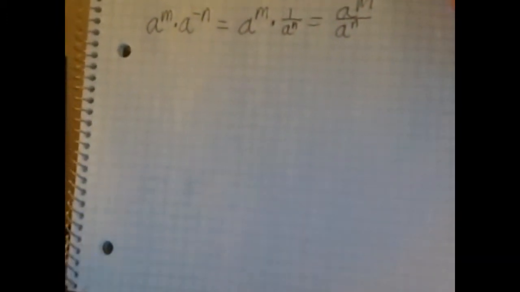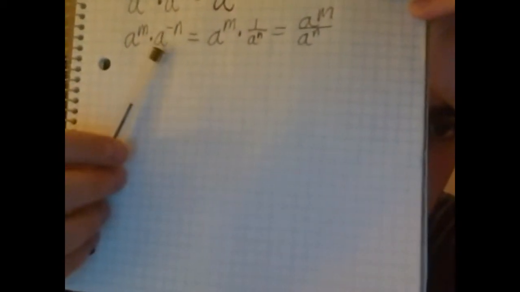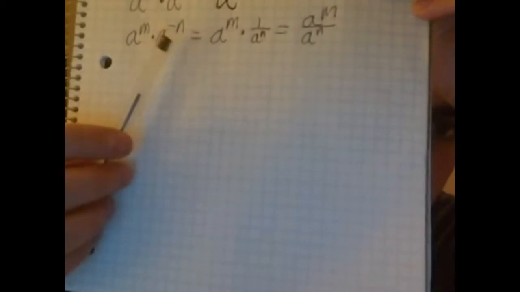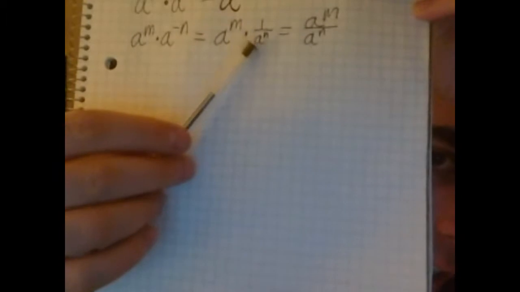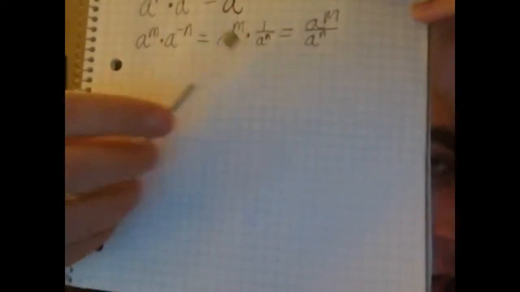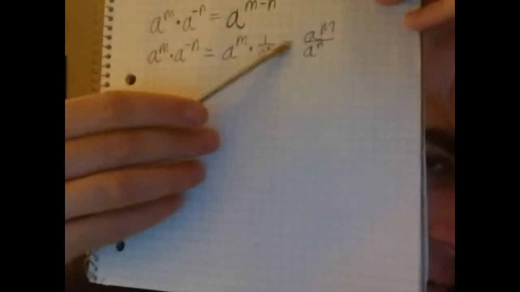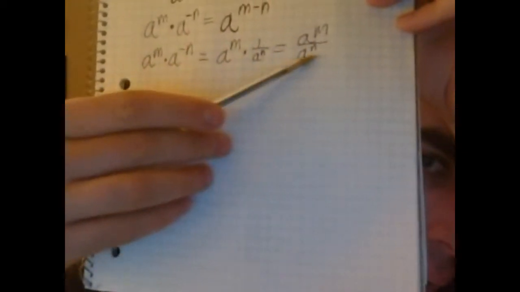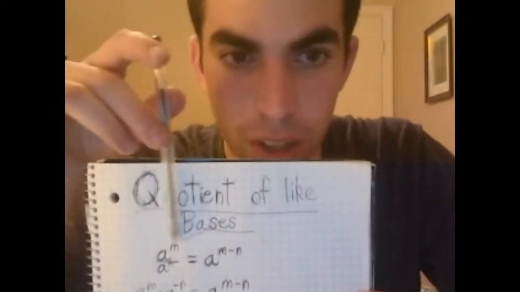Okay, so here we see we're starting with a to the m times a to the negative n. A to the negative n we know equals 1 over a to the n because a negative exponent just puts something in our denominator. So we get a to the m times 1 over a to the n, which equals a to the m over a to the n. The thing that we are trying to prove here, a to the m over a to the n.